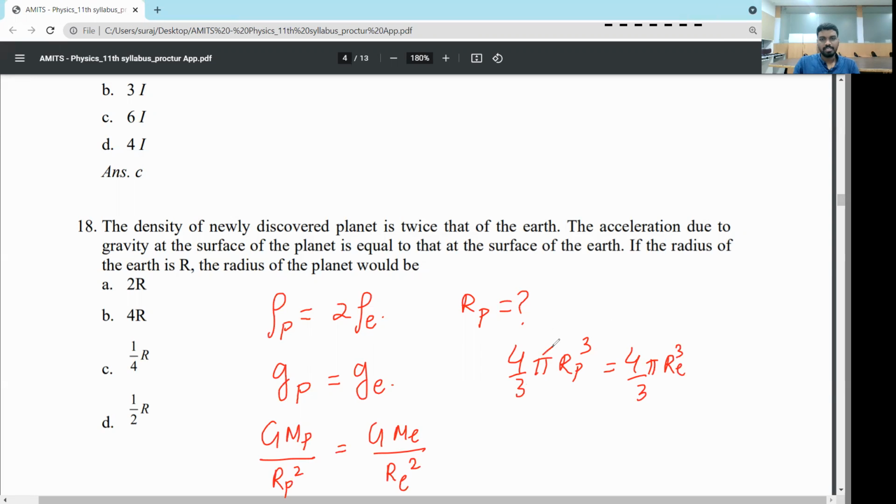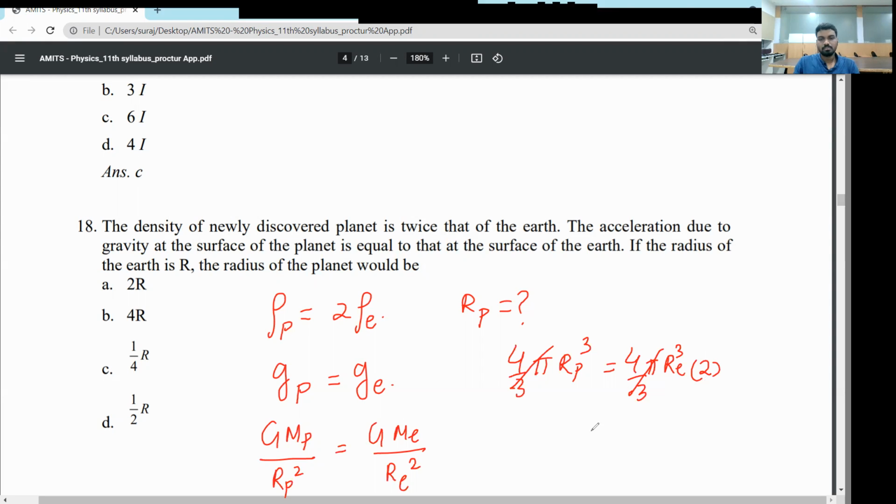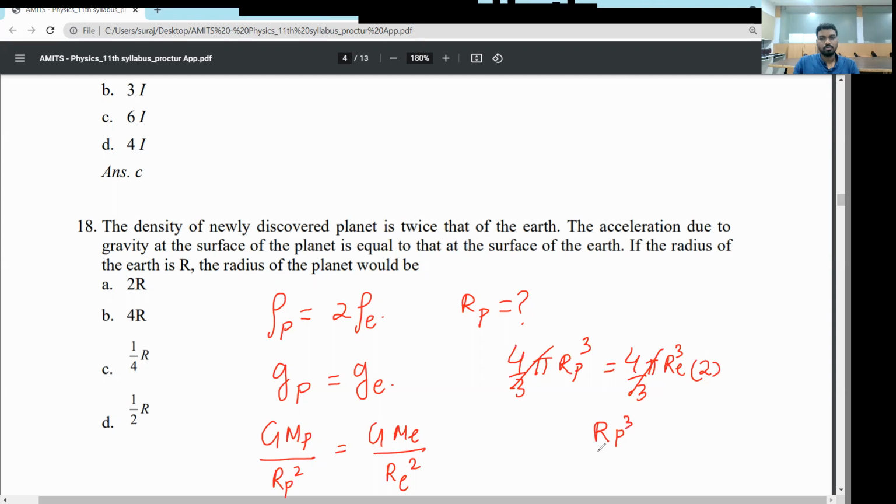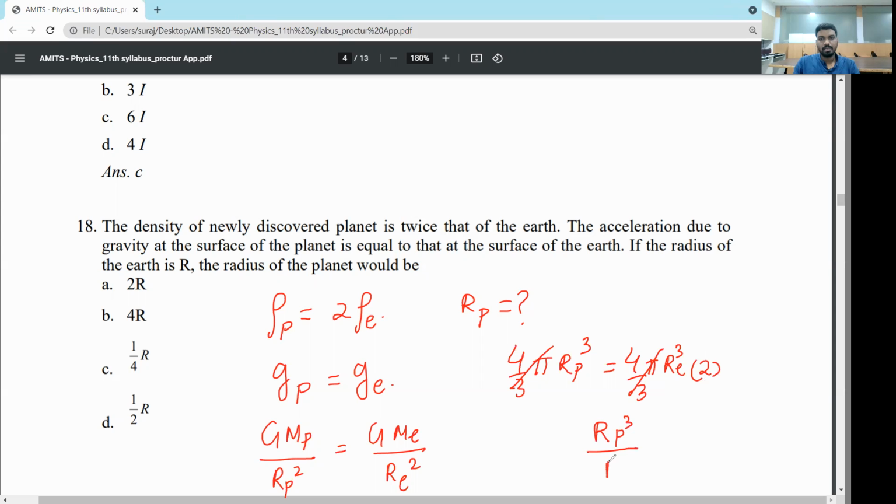Next, 4 by 3 and 4 by 3 cancel out. Then RP whole cube divided by RE whole cube is 2.